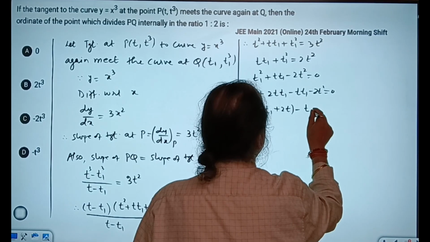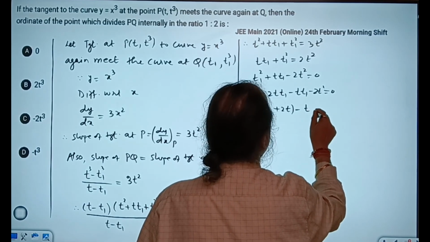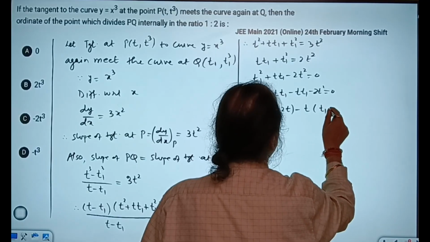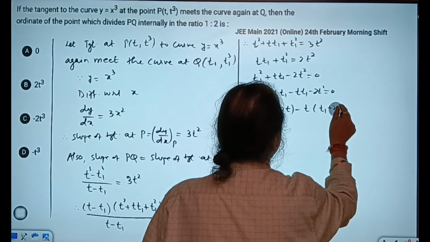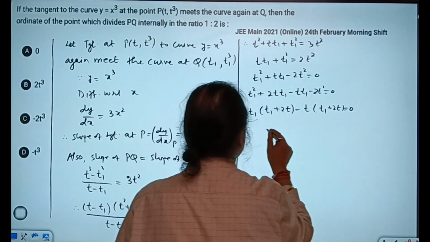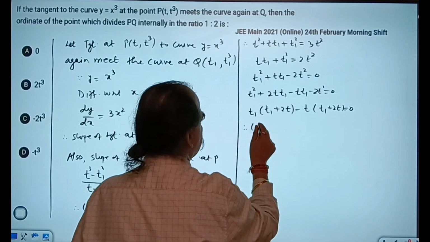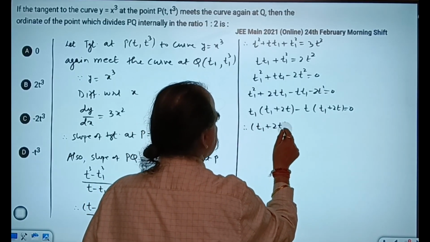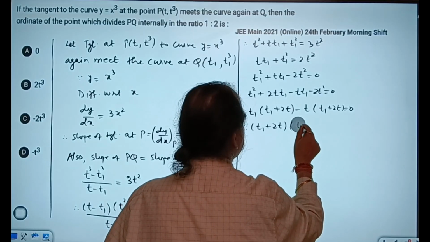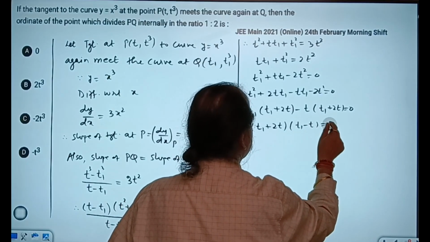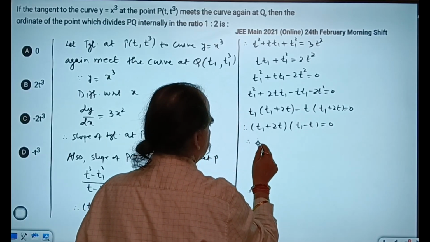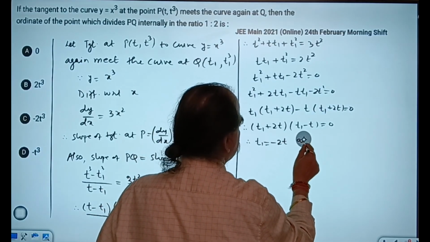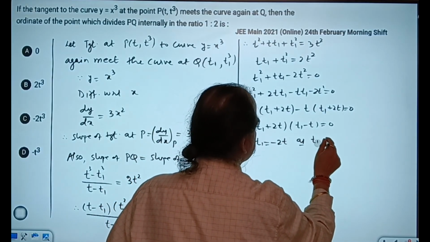T1 common, t common: (t1 plus 2t) into (t1 minus t). So t1 is minus 2t, or t1 is t.